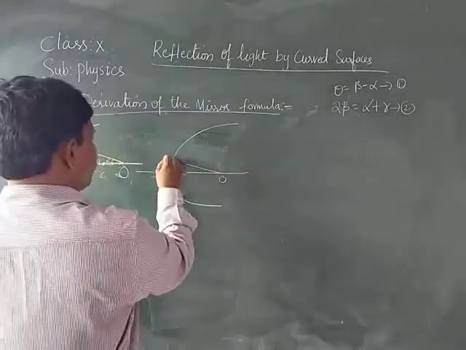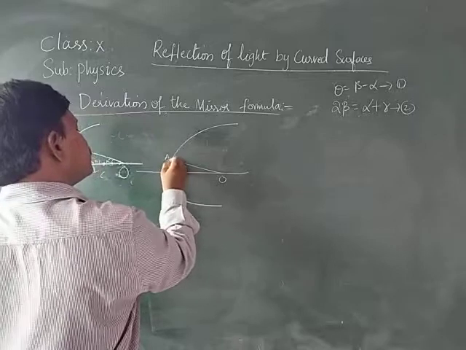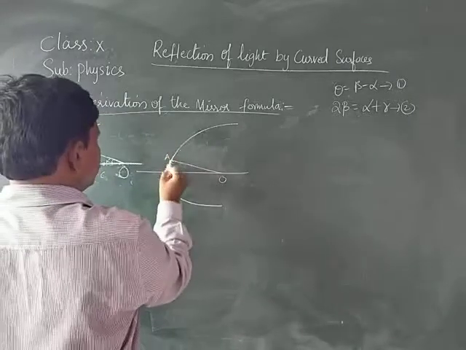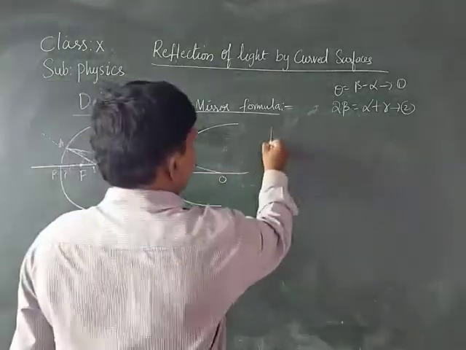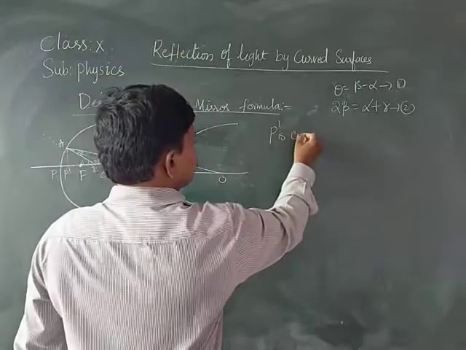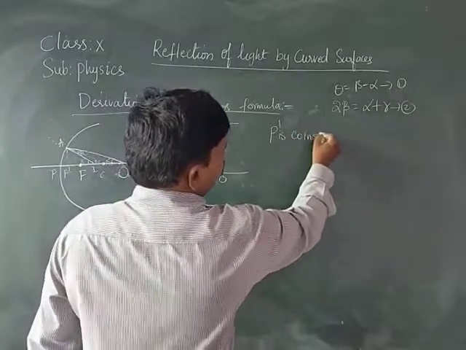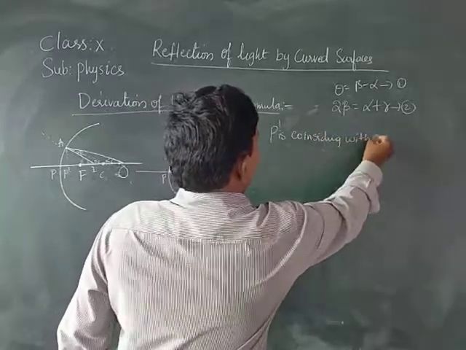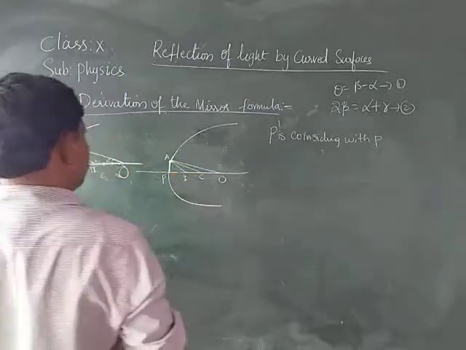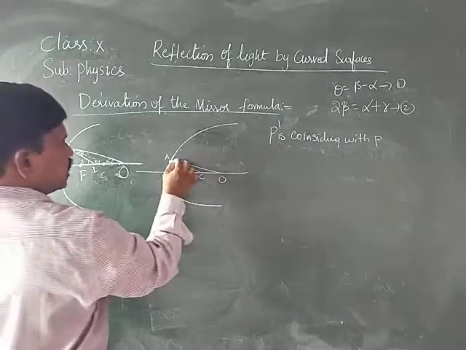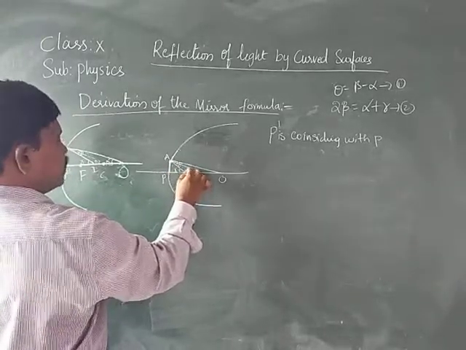Here this is O, same figure, but here A is coinciding now. Therefore P dash is coinciding with P. Here we have C, here we have I, and the angles theta, gamma, beta, alpha.